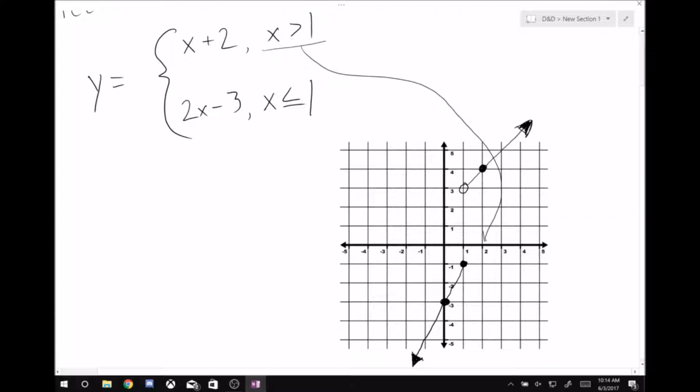We can see that down here. Any space after this is greater than 1, so after that point, it follows the graph x plus 2, which is this graph right here. So it's taking the pieces of these two different graphs in these parts of them and putting them together to form one graph.